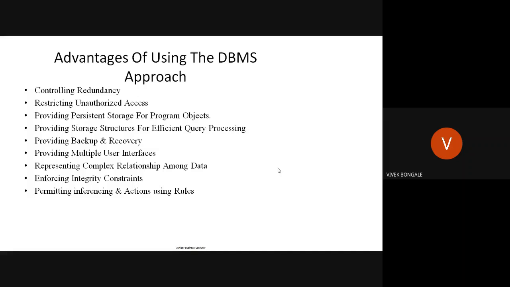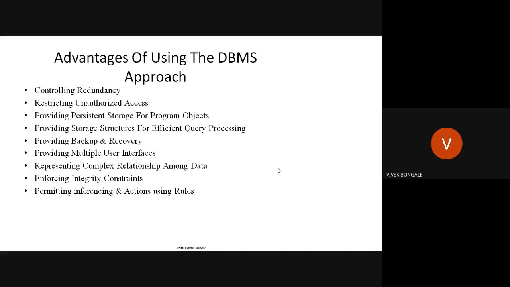So the DBMS should provide the capability of defining and enforcing these constraints. When we apply a primary key on the data, the database has the support for it. That is what enforcing integrity constraints means.